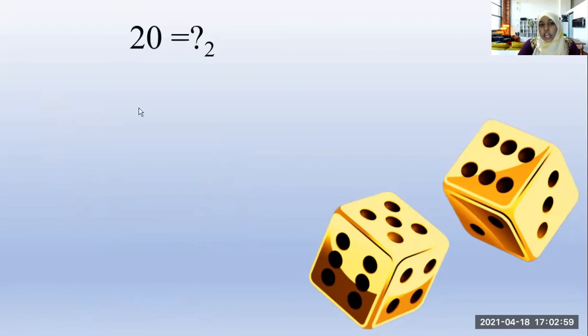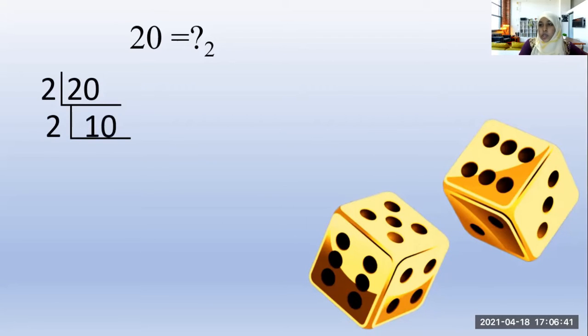Now convert 20 to base 2. 20 divided by 2. How many twos within 2? 1. Zero? No. So 10. 10 into 2, 20. No remaining. How many twos within 10? 5 times.